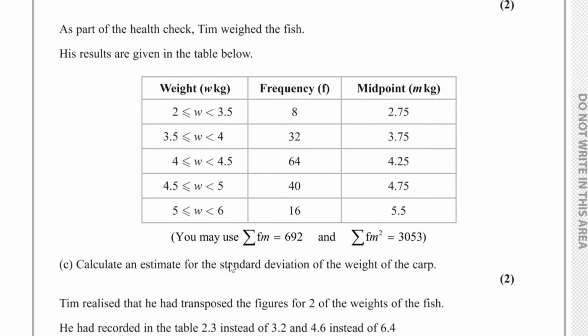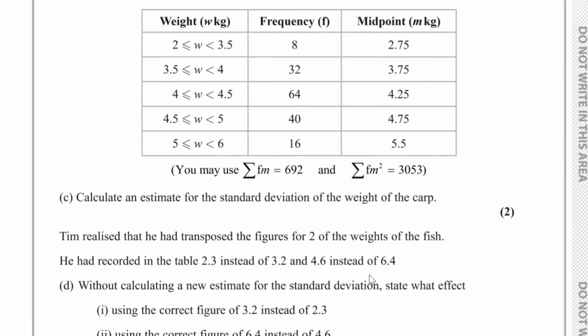But if we go back, we see over here, if we use the 6.4, that goes in a different interval because it can no longer belong in this interval 4.5 to 5. So what do we do in this case?